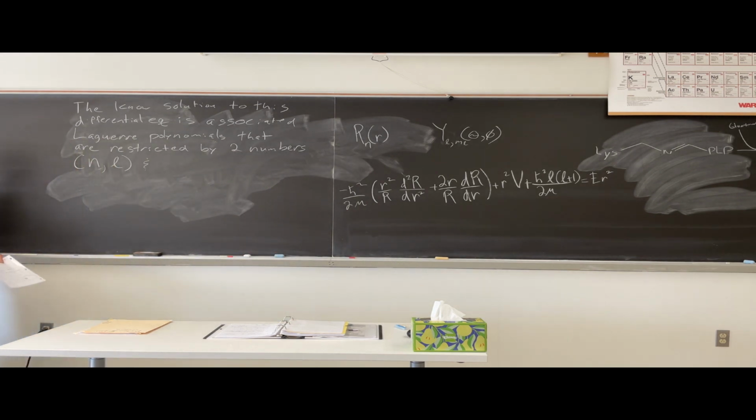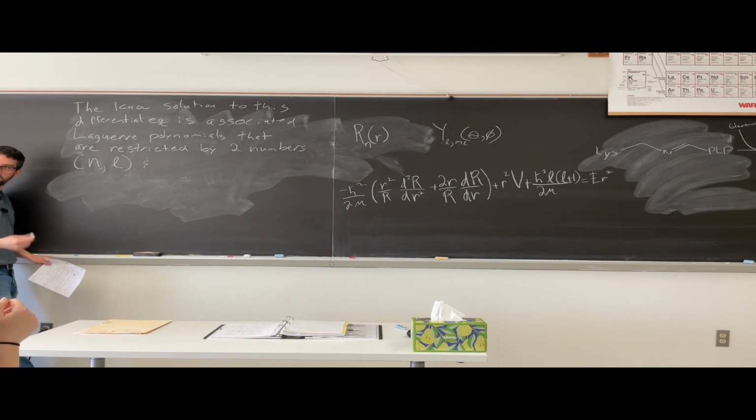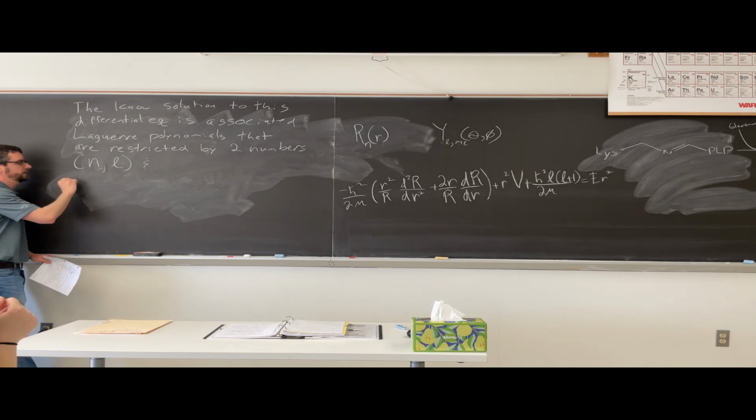And there's one more restriction on the value of N and L. If you go back to your rules of quantum numbers, N can be any whole number, right? What is the rule for L? Yep.